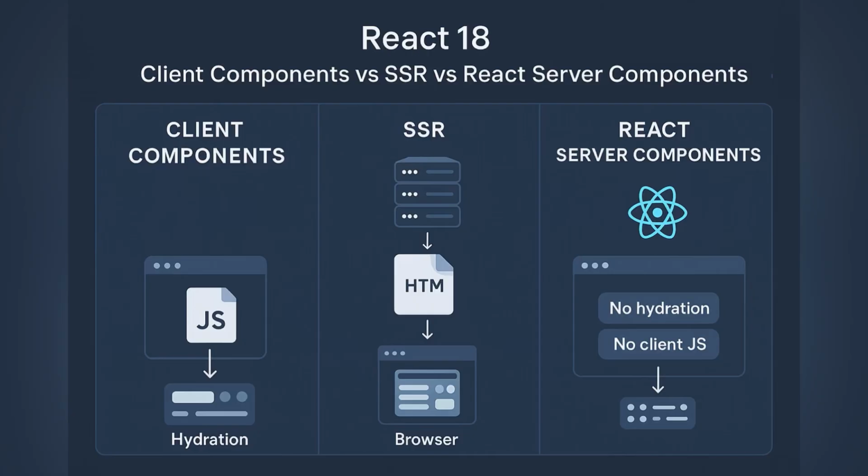No client-side bundle is needed, unless a client component is explicitly nested inside. RSC reduces bundle size, improves time to interactive, and lets you compose from both worlds. Think of RSC as a new layer, not a replacement, in the rendering model.